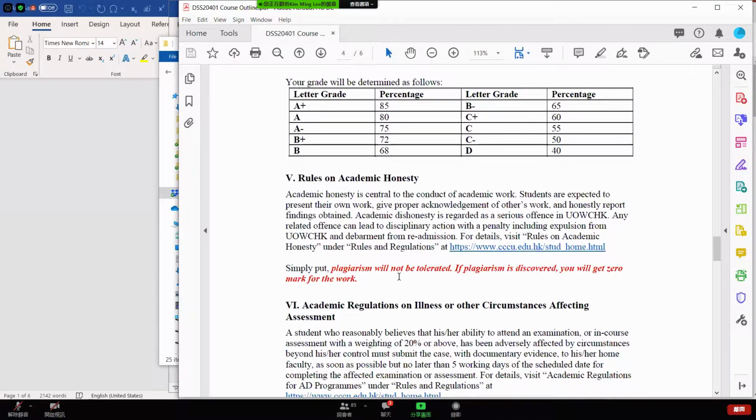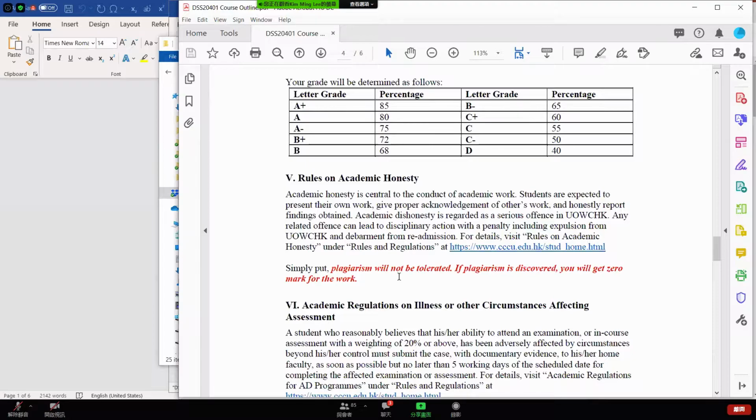Whenever you quote somebody's wording or copy something from other sources, you need to put quotation marks and reference it. This is the basic rule of academia. If you fail to do that, you may be suspected of committing plagiarism, and plagiarism will not be tolerated. If plagiarism is discovered, you will get 0 marks for the work.